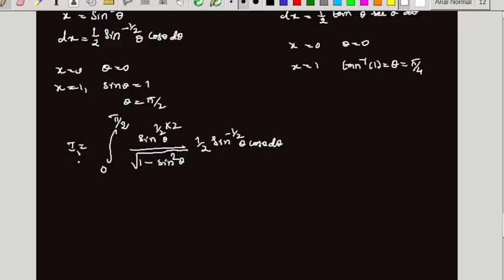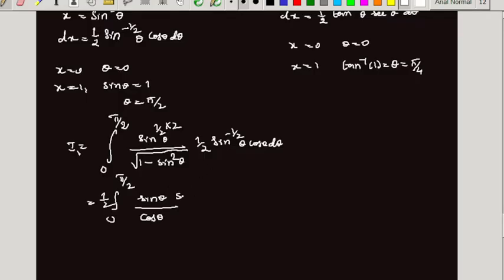This is I1. Now we simplify this one, integration 0 to pi by 2. The sin get cancelled, we get sin theta, and 1 by 2 we write outside, and this 1 minus sin square theta is square root of cos square theta. Square root of cos square theta can be written as cos theta.